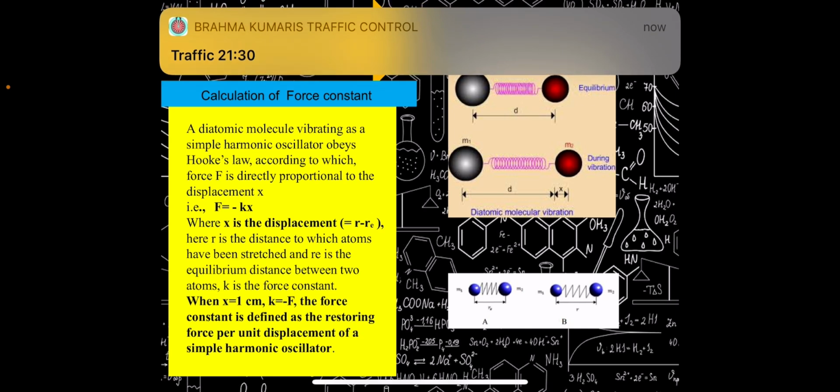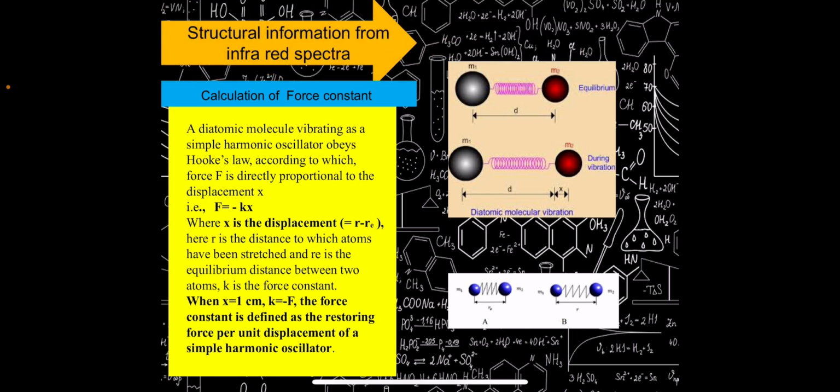Here, r is the distance to which atoms have been stretched, and re is the equilibrium distance between two atoms, and k is the force constant. When x is equal to 1 centimeter, F is equal to minus k. The force constant is defined as the restoring force per unit displacement of a simple harmonic oscillator.